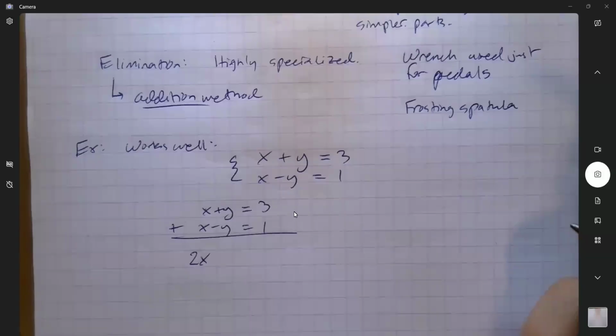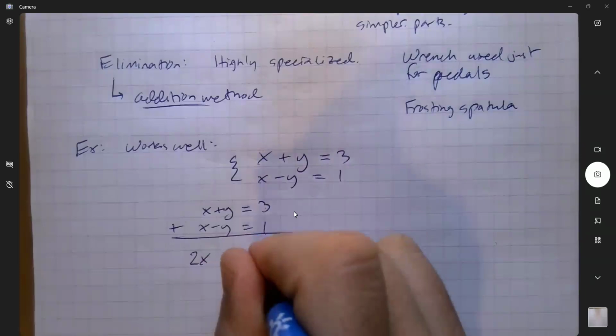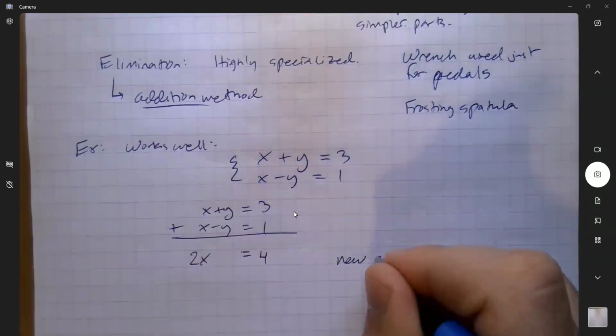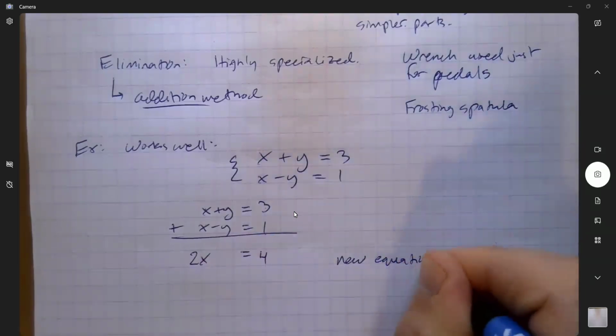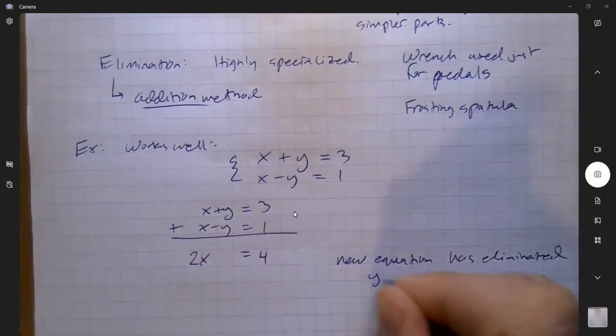I've eliminated the y variable completely. 3 plus 1 equals 4. My new equation, which I got through adding, has eliminated the y variable.